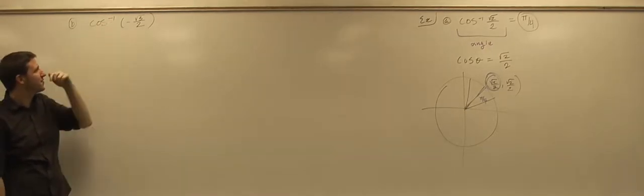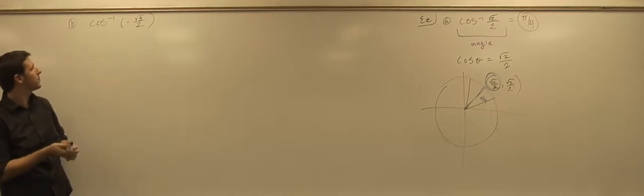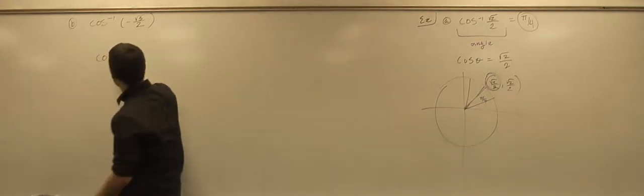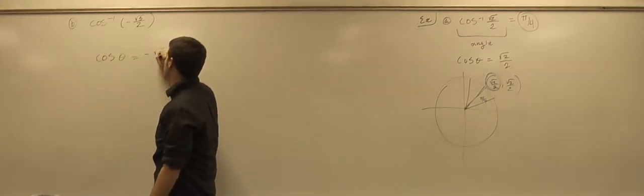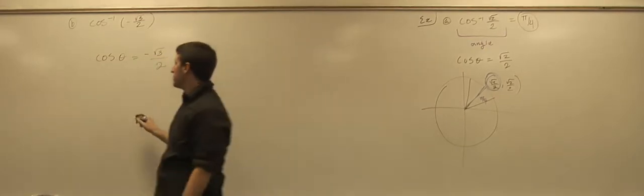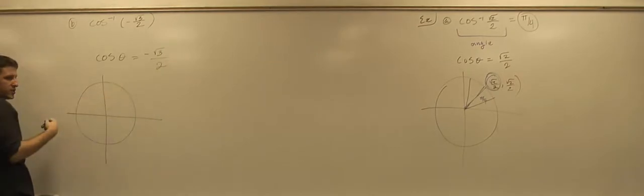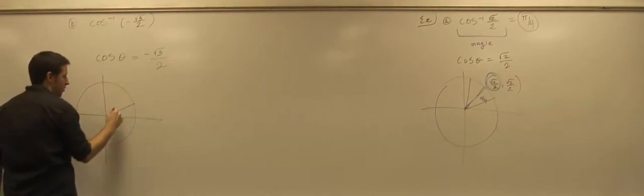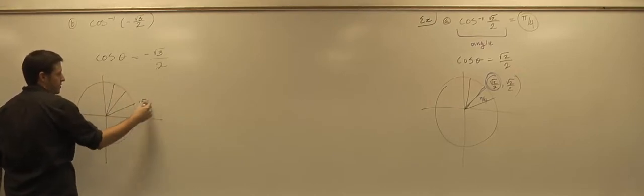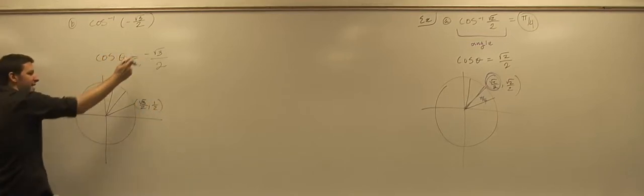So how would we do cos inverse of negative root 3 over 2? What do we solve? What angle makes cosine equal to negative root 3 over 2? But you have to be slightly careful here, only because the first quadrant doesn't work. In the first quadrant, cosine is root 3 over 2 on the pi over 6 ray. But I need cosine to be negative root 3 over 2.